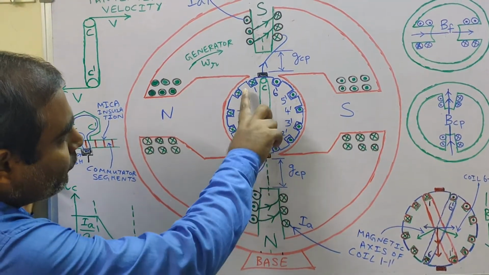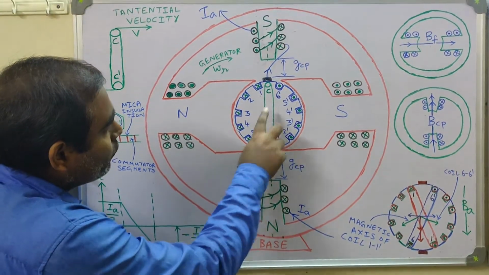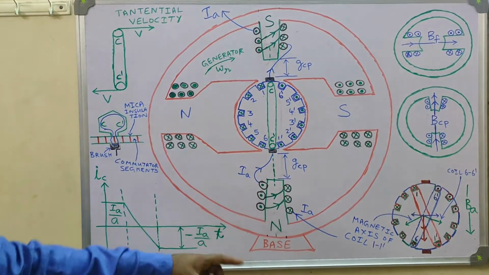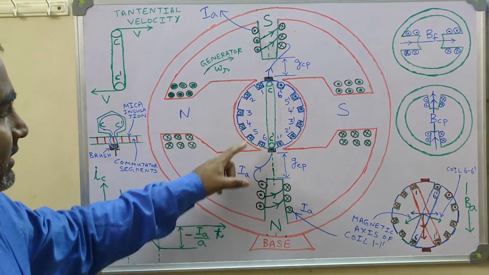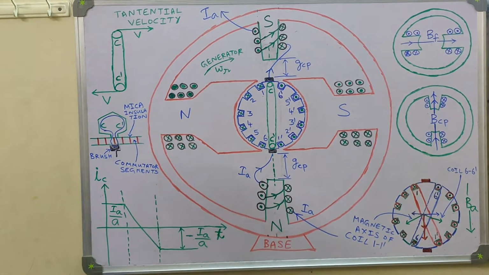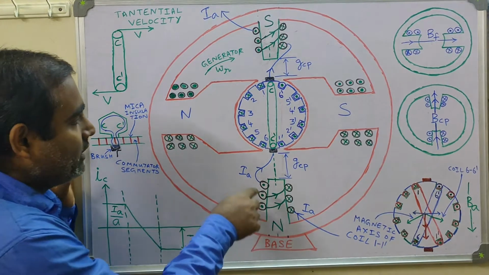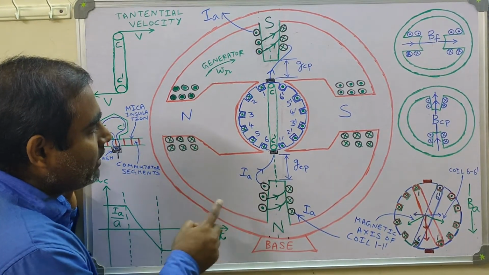After another few degrees of rotation, what will you expect? Coil 2 2 dash will occupy the position of CC dash. In that way, each of the 6 coils placed on the armature core is going to get commutated. That means coil 1 1 dash, coil 2 2 dash, coil 3 3 dash, and so on.